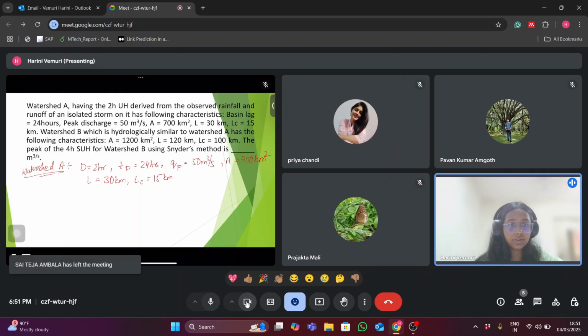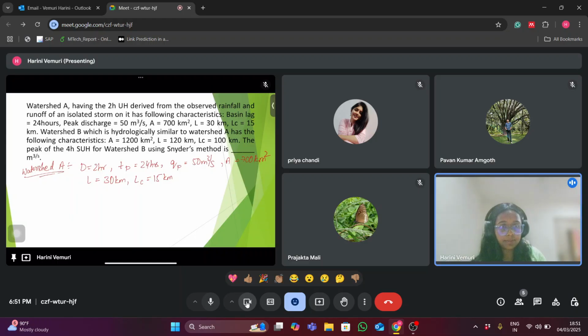So first we need to calculate Cp and Ct of watershed A, since we don't know them. But we have the other elements' values. So first let's check the Tp value.